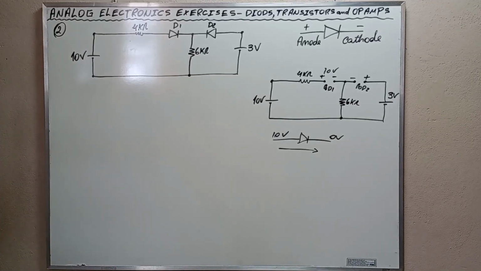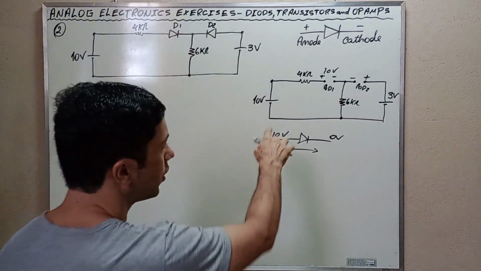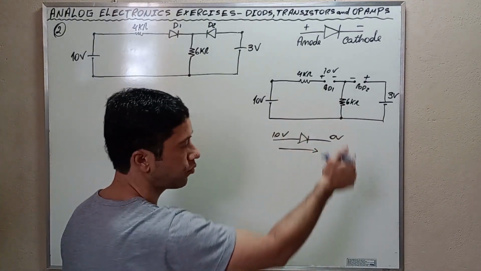Back then we observed that when D1 is on, the voltage across the 6 kilo ohms resistor is 6 volts, causing its cathode to be higher in potential than its anode by 3 volts. It's going to conduct.